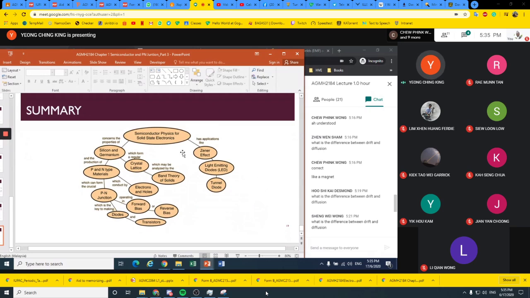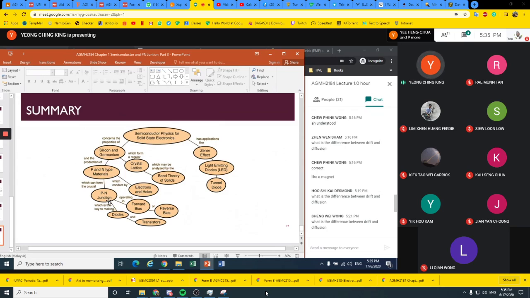This is a tree diagram to show the relationship from the semiconductor physics. Then we will have silicon and germanium. The properties of silicon and germanium enable them to be doped with pentavalent or trivalent materials, so that they can form p and n type materials.